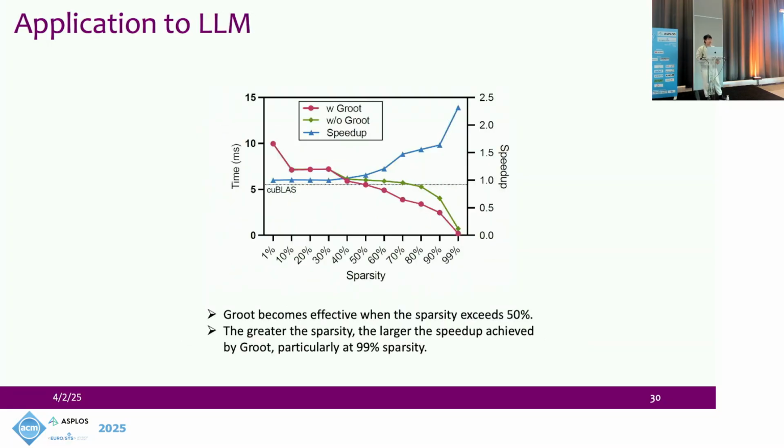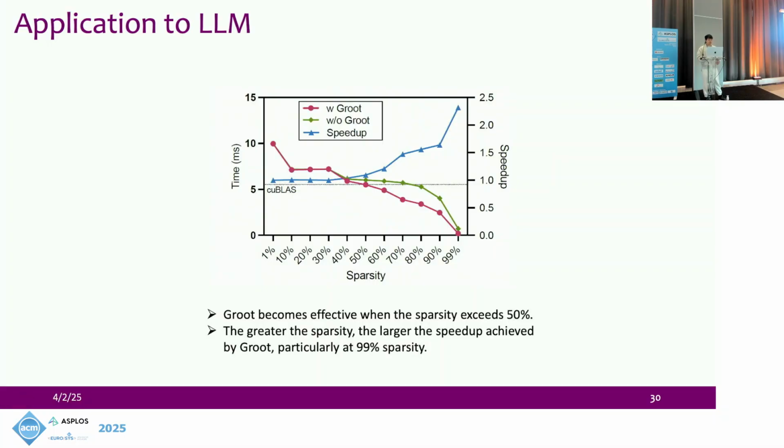Also, we applied Groot on the weight matrix of large language models, and we see that when the sparsity is below 50%, it does not produce any meaningful result. But as the sparsity increases, we can see larger speedup, especially at the sparsity of 99%, which is the normal sparsity of real world graphs.